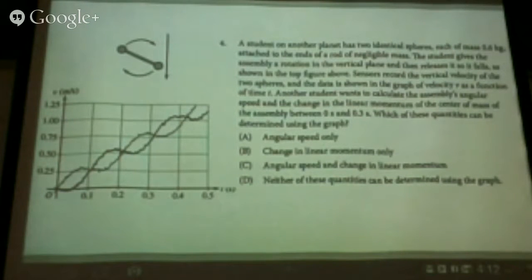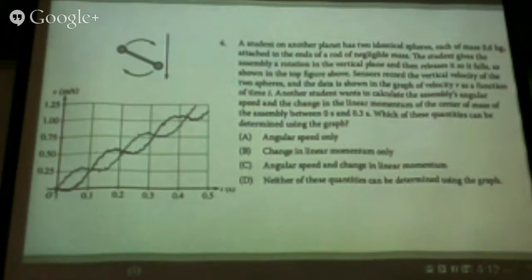And I can subtract those two values from each other. So add up the total momentum at 0.3 seconds, subtract 0 from that, since they both start with a 0 velocity. It doesn't matter what the numbers are. We're just looking for the fact that, yes, we can solve for that change in linear momentum. So C is the way to go on this one. We can find both of those things.